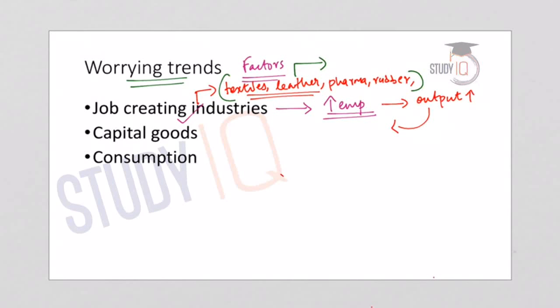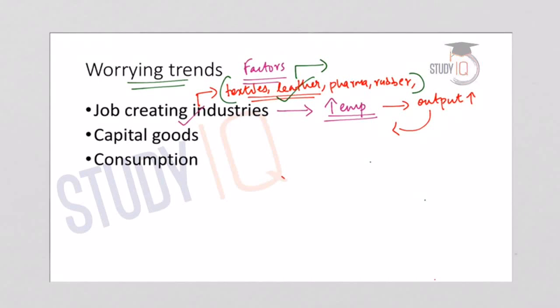If we look into the growth of these job creating industries, we will see there is an output contraction, or lesser or decreasing output. This is an unhealthy sign for a real economy, because it will not only impact the output, but also the employment generation or job creation in the economy. This is the condition with job creating industries.